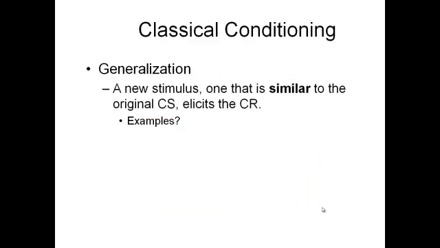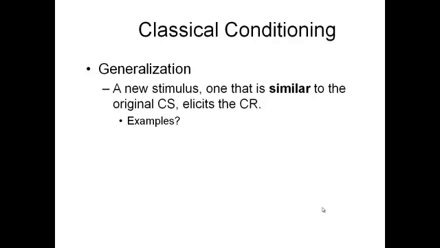Now here is where we can even expand further and really see how specific personality can develop, okay, with classical conditioning. And generalization is an important way in which you can look at this.